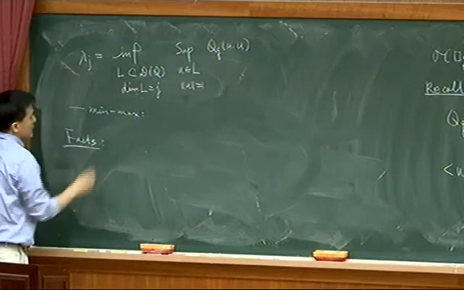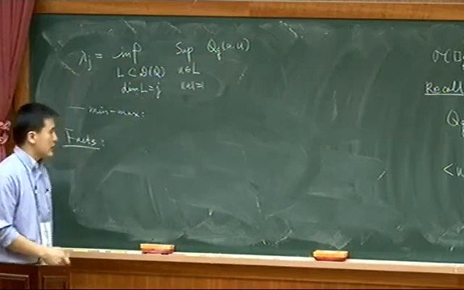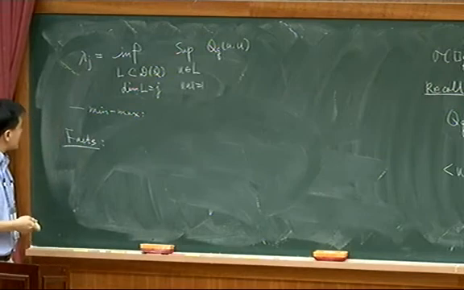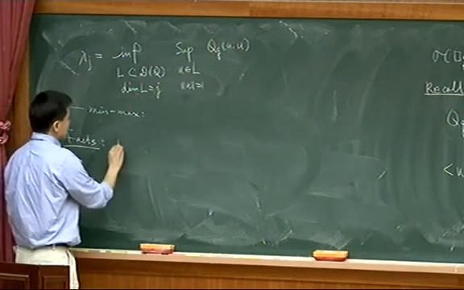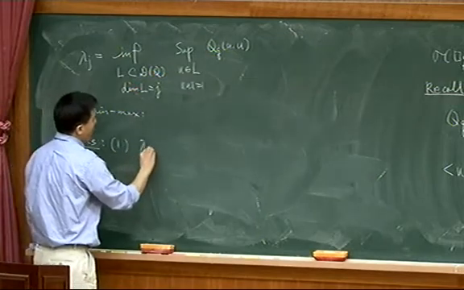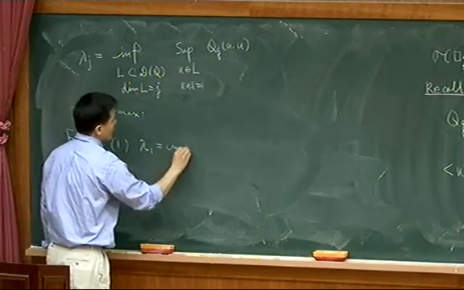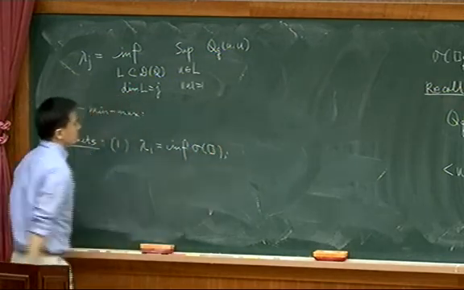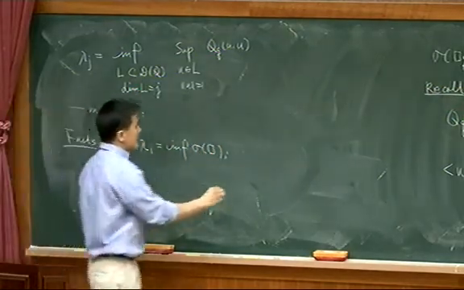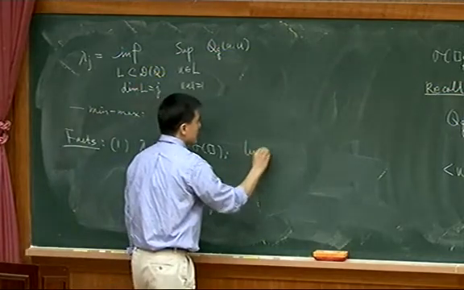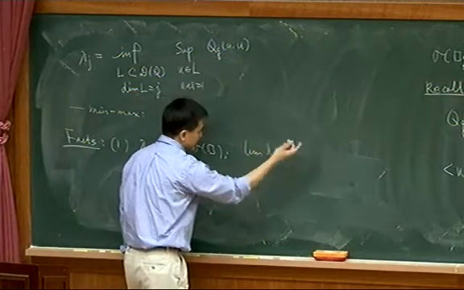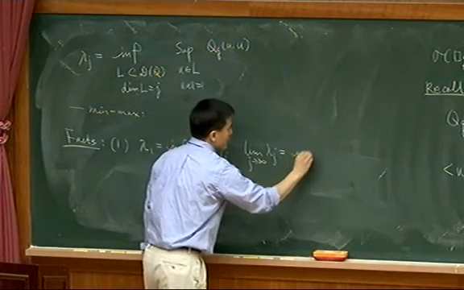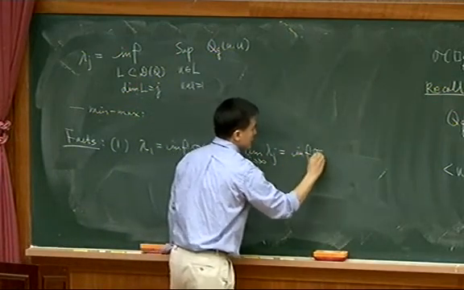These are from spectral, or abstract spectral, theory for non-negative self-adjoint operators. First of all, lambda 1 is just the infimum of the spectrum. Now the limit of this lambda j, which is an increasing sequence, is the infimum of the essential spectrum.